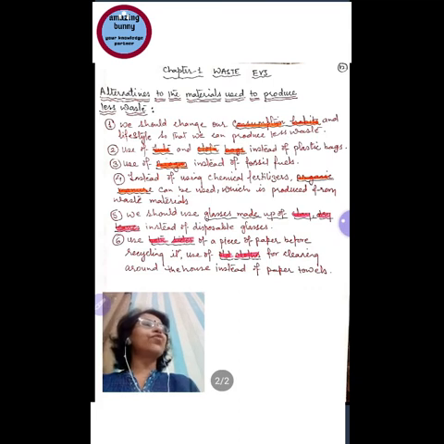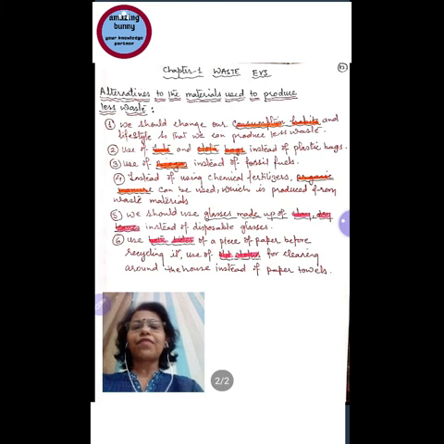Next is the use of biogas instead of fossil fuels. Instead of using chemical fertilizers, we should use organic fertilizers, compost, or vermicompost, which can be produced from the biodegradable part of the waste material.